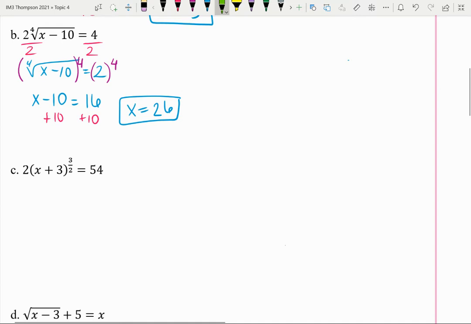Two times parentheses x plus 3 to the power of 3 halves. I want to isolate what's to the power. I want to get that by itself. I'm going to leave that chunk.